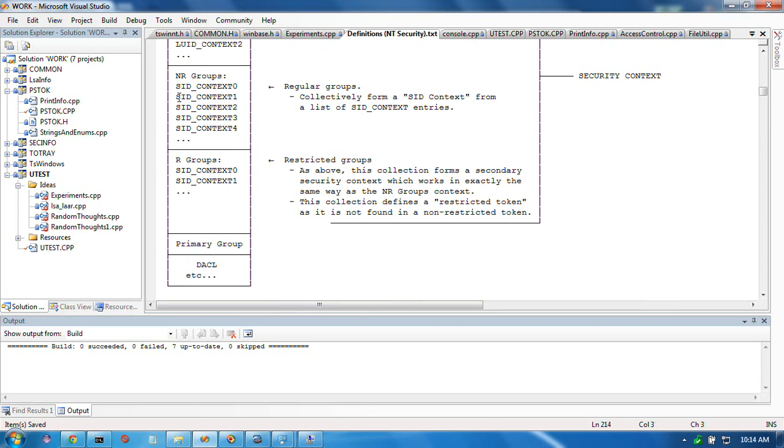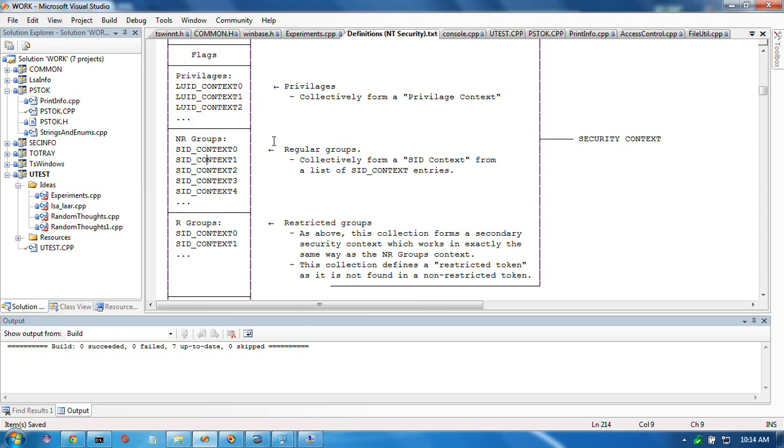That is, if the original one is a deny-only entry, then it's going to be put in as a deny-only. If I take a deny-only entry and add it to the restricted groups, I should have known, if I read the help carefully, that it would retain that characteristic, but it doesn't.